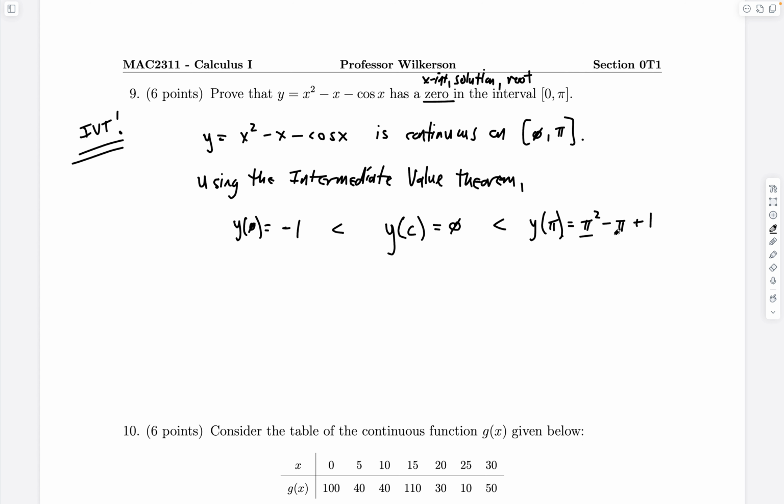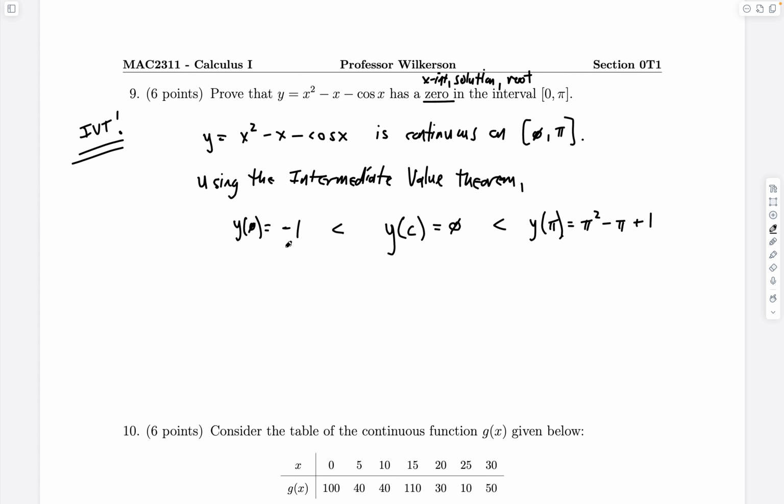Now, note that pi squared minus pi would still be a positive number because pi squared is much larger. Think about it. Roughly 3 squared is 9. 9 minus 3 would be roughly 6, if I'm assuming these are 3 for simplicity. And then plus 1 would still be a positive number. So we're getting a number that's slightly bigger than 7, roughly.